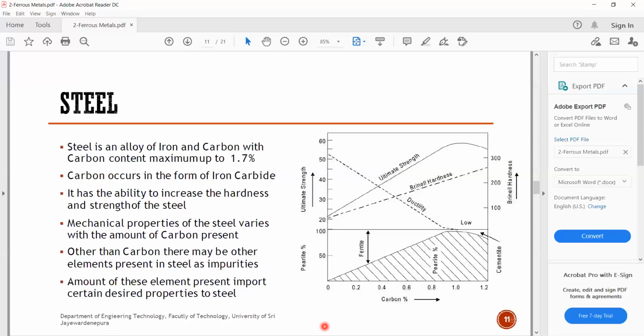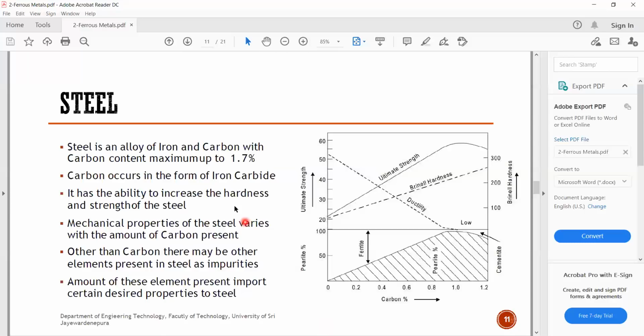So as the percentage of carbon goes on increasing, what will happen? Properties are going to change. What are they? There is an increase in the proportional stress, or an increase in the ultimate tensile stress.